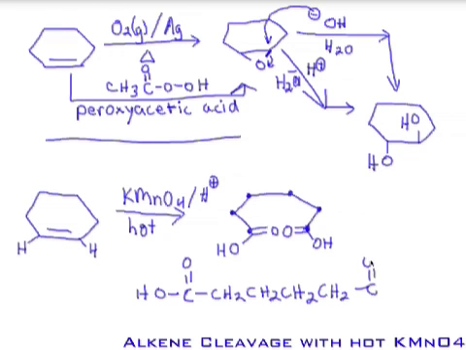These two molecules are the same. I've opened up the ring. I've oxidized it and disrupted the pi bond. I've made hexane, 1, 2, 3, 4, 5, 6, hexanedioic acid by cleaving with hot KMnO4.